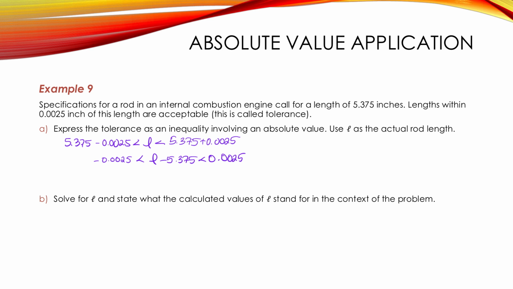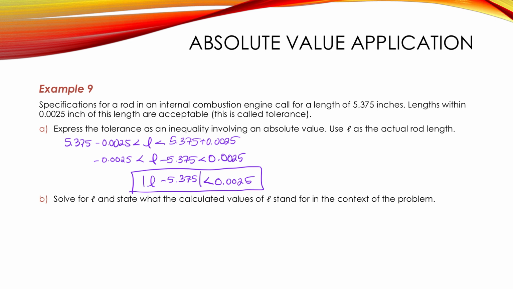So in the end, what we know is then the absolute value of L minus 5.375, if I want it to be between these two numbers, needs to be less than 0.0025. And if you didn't want to start from where intuition lands and work backwards, then you can think it through logically.